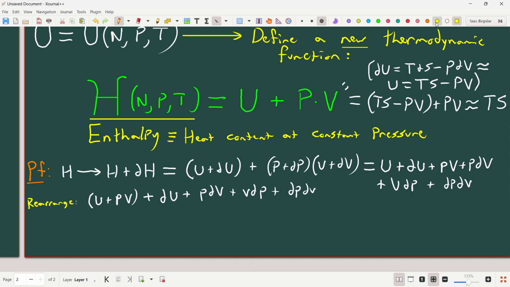But we can simplify this further. This right here, U plus PV, is H. So we have H on the right-hand side, which means we have H plus dH on the left-hand side of this equation. We have H on both sides, so we can cancel that out.